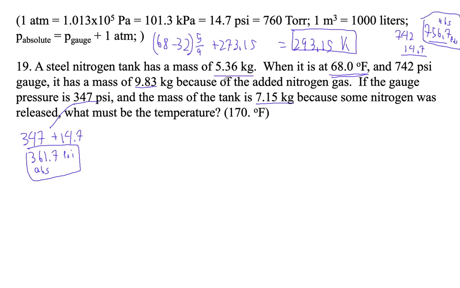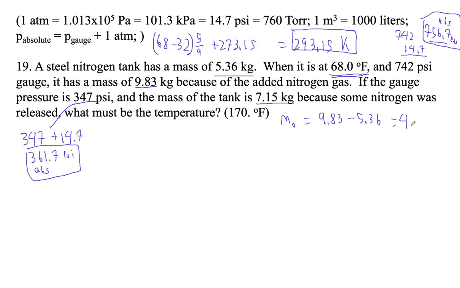Okay, now what do we have? We have to do something with the mass, because the mass is going to go in there for the moles, right? If you double the mass, you're going to double the moles. So initially, the amount of nitrogen, the initial mass of nitrogen, is going to be 9.83 minus 5.36, and this is 4.47.